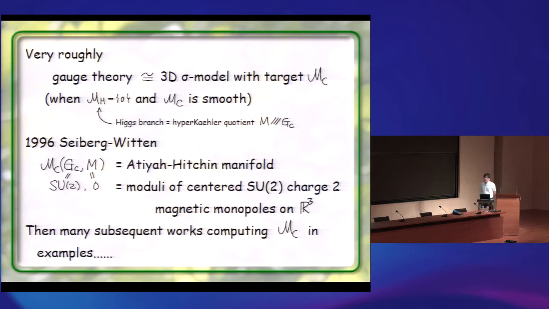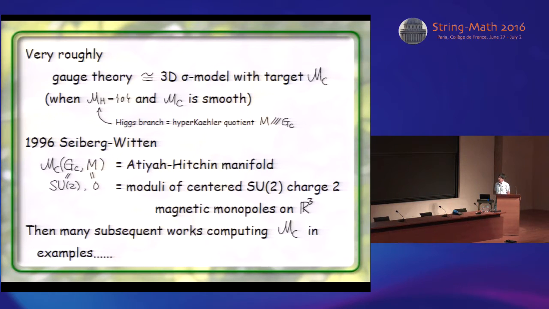Anyway, they identify the Coulomb branch with the so-called Atiyah-Hitchin manifold, which is a moduli space of centered SU(2) charge 2 magnetic monopoles on R^3. So this is a nice hyperkähler manifold and has various nice properties.